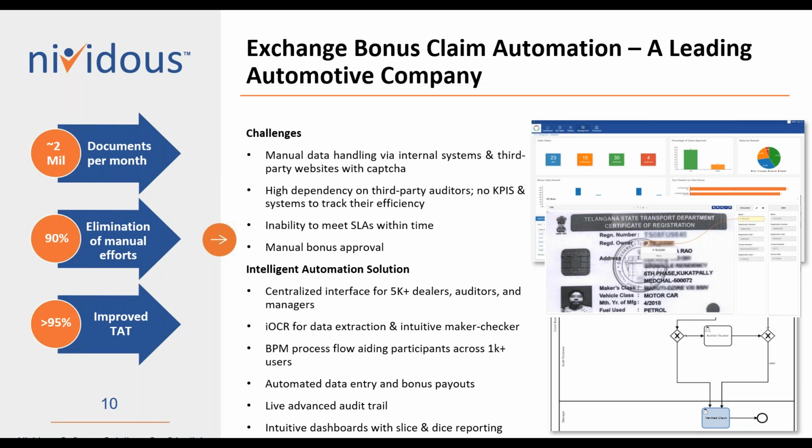Okay, so let's first look at this case study about an automotive company. This was a case where there's a huge number of documents being handled related to a bonus claims process. Essentially, they had this set up between the automaker and the dealership, where if certain criteria were met, they would get a bonus or incentive back.